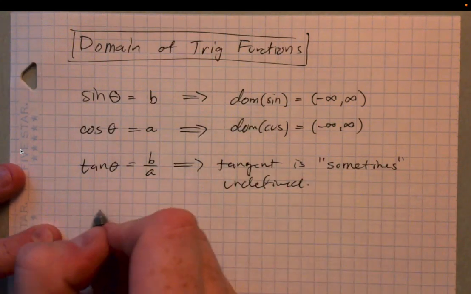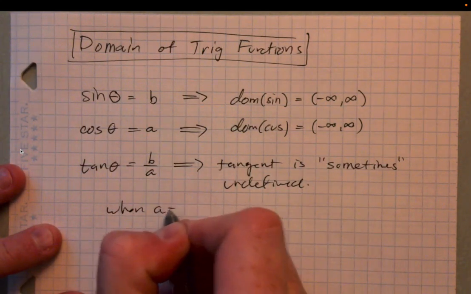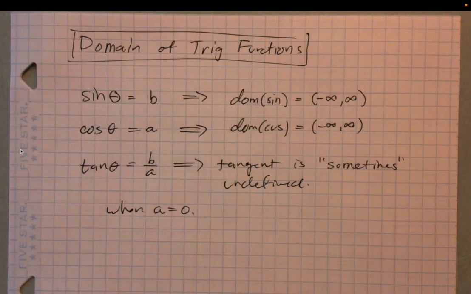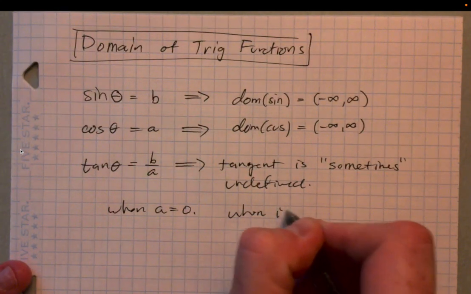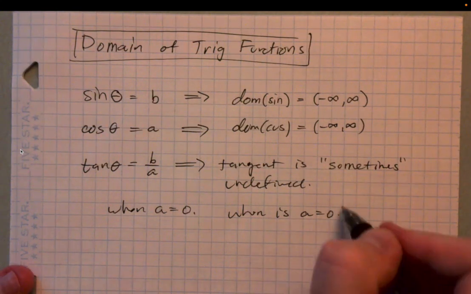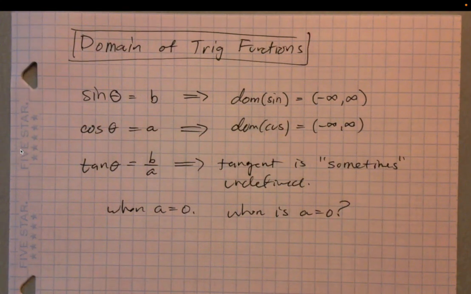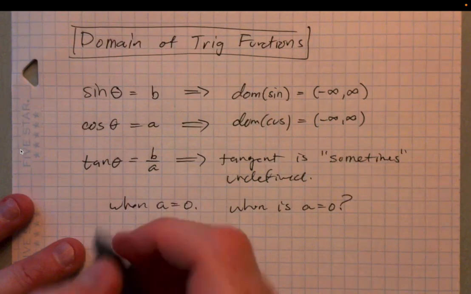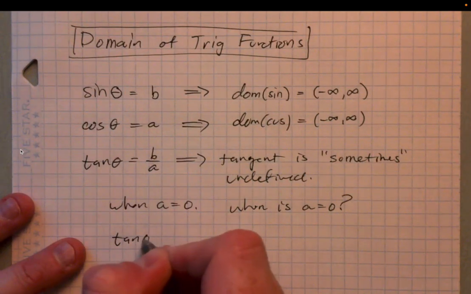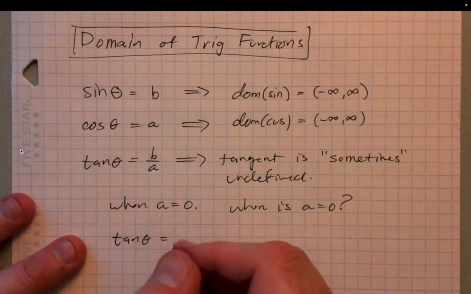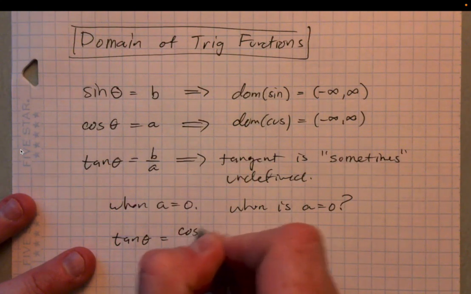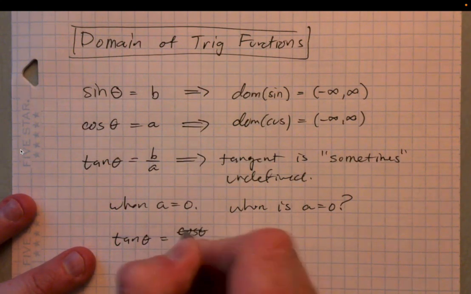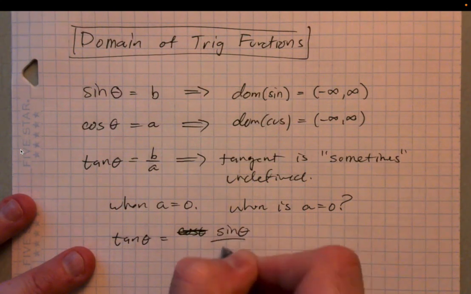More specifically, when a is equal to 0. So when is a equal to 0? Well, you can think about it like this. The tangent of theta is equal to the sine of theta over the cosine of theta.